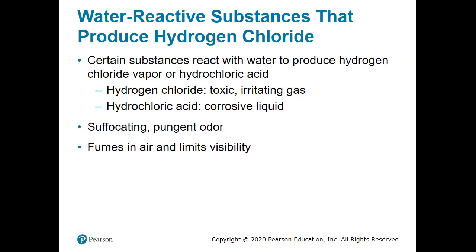Because of its strength, it has a suffocating quality to it, and it can form fumes in the air, which can make the air hazy and a little bit difficult to see in if there's a high enough quantity of those vapors.